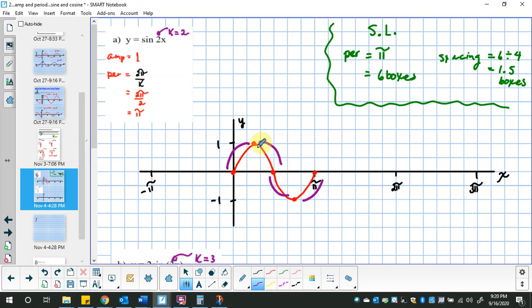It's also got 4 attachments between the dots. So that's why it's always 4. That never changes. So your spacing is always whatever that number is divided by 4. Never changes. Don't let anybody tell you any different.